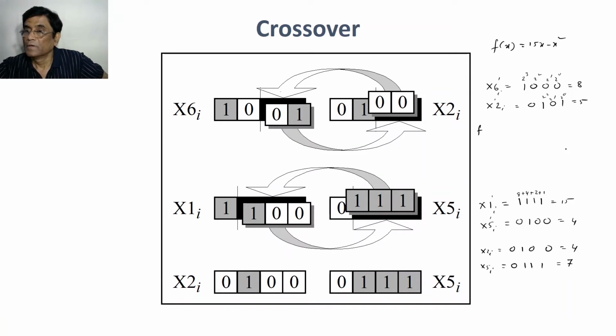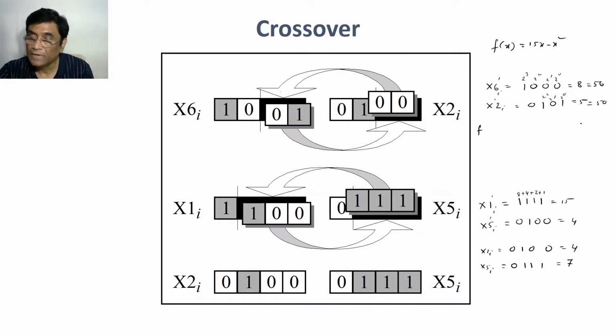So now put these values, 8 here, and calculate its fitness. You need to have a calculator. So it's very simple, isn't it? It turns out that the fitness value is 56. This chromosome's fitness value: 75 minus 25 is 50.